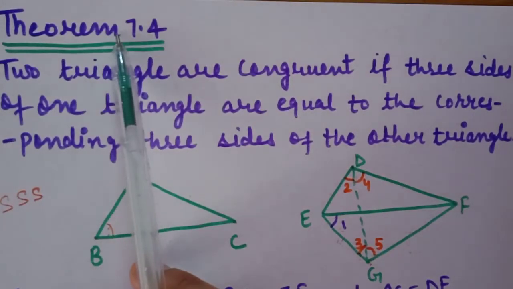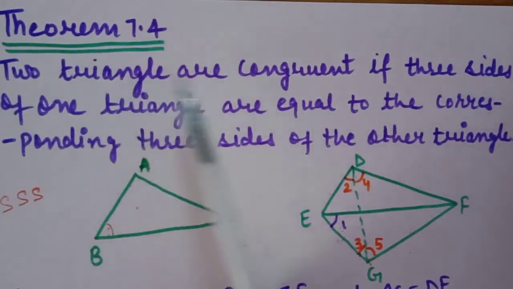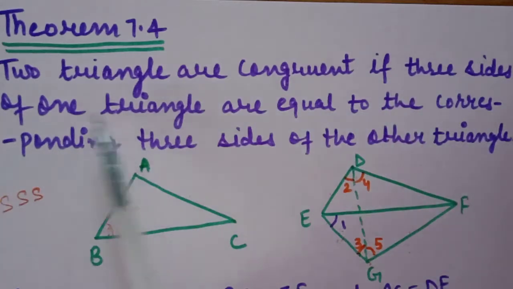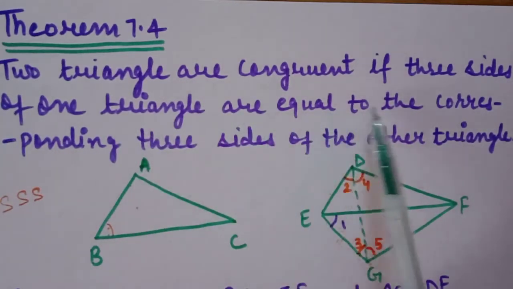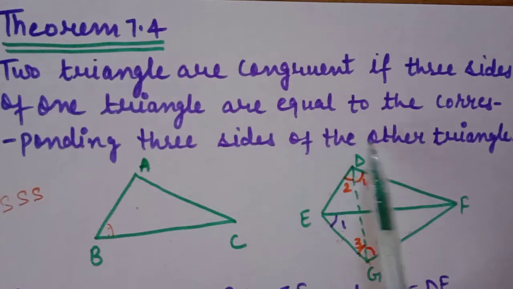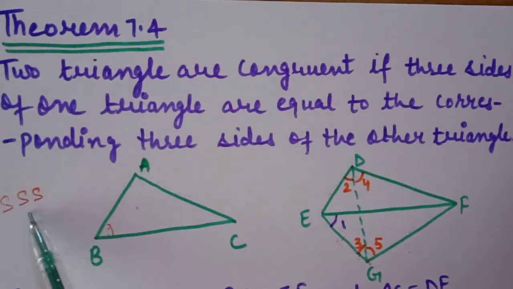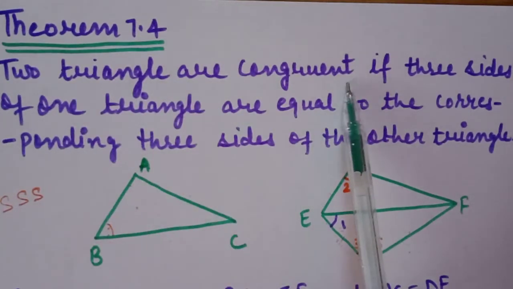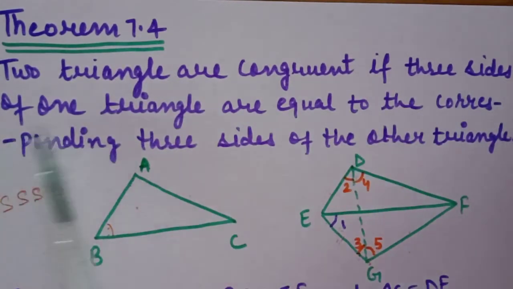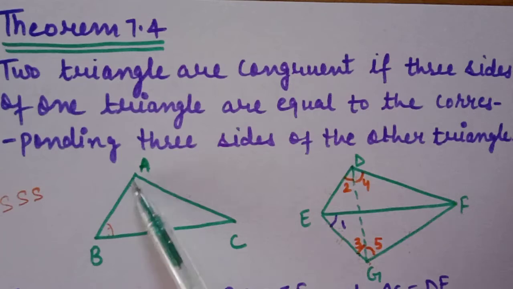Theorem 7.4 is again a congruence rule. Two triangles are congruent if three sides of one triangle are equal to the corresponding three sides of the other triangle. It means it is the congruence rule SSS. So in these two triangles, triangle ABC and DEF, what is given?